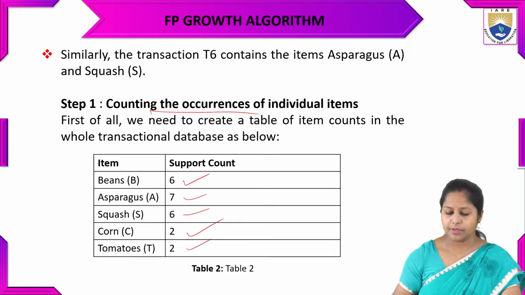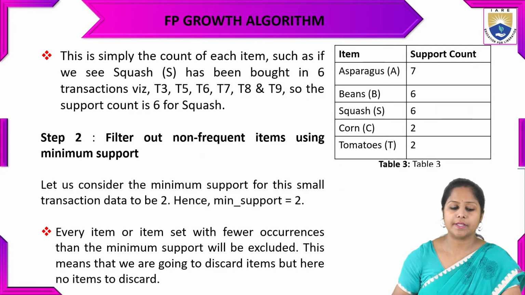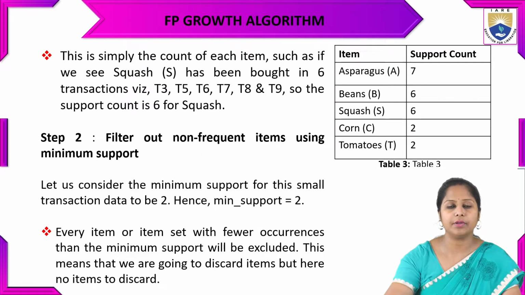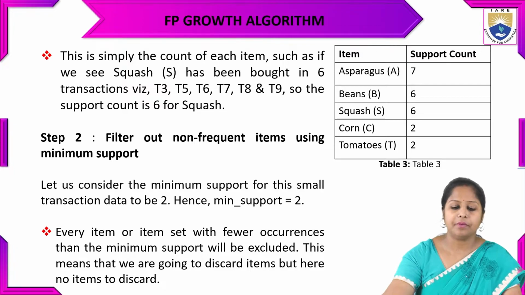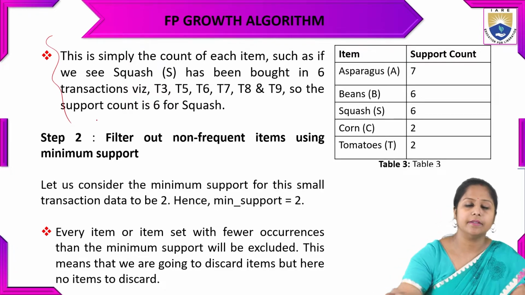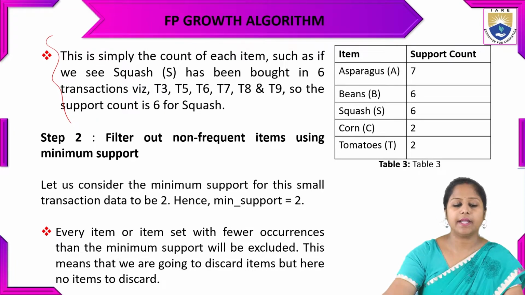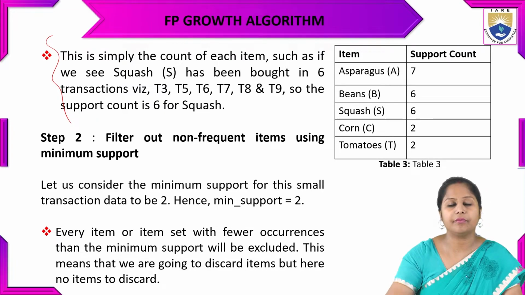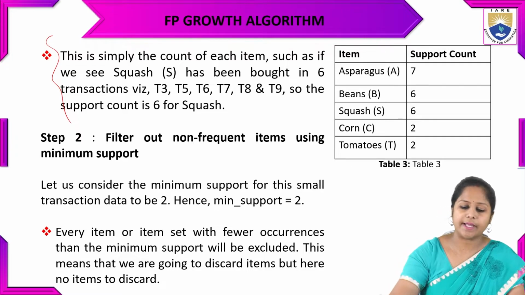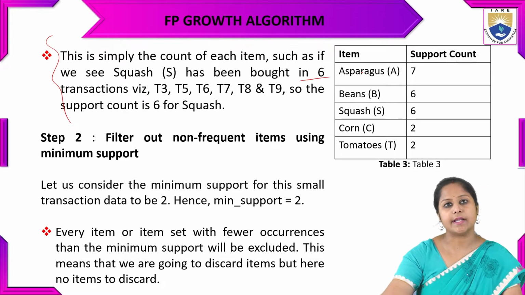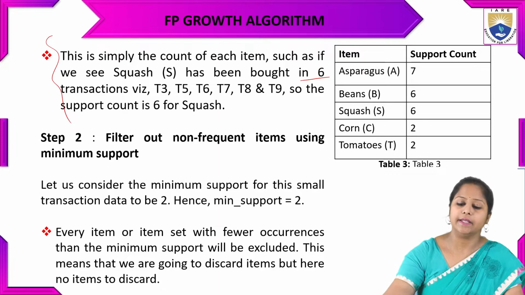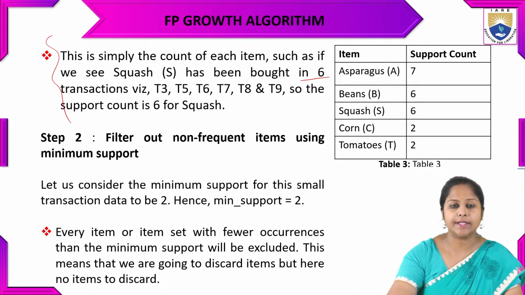Now in this step, we simplify the count of each item. For example, if we want to check squash, squash has been bought in 6 transactions: T3, T5, T6, T7, T9, and so on.